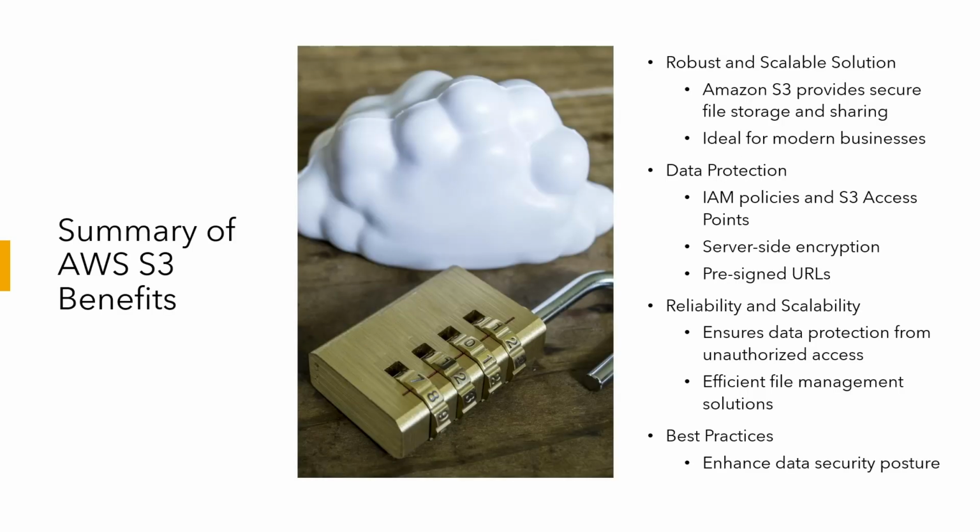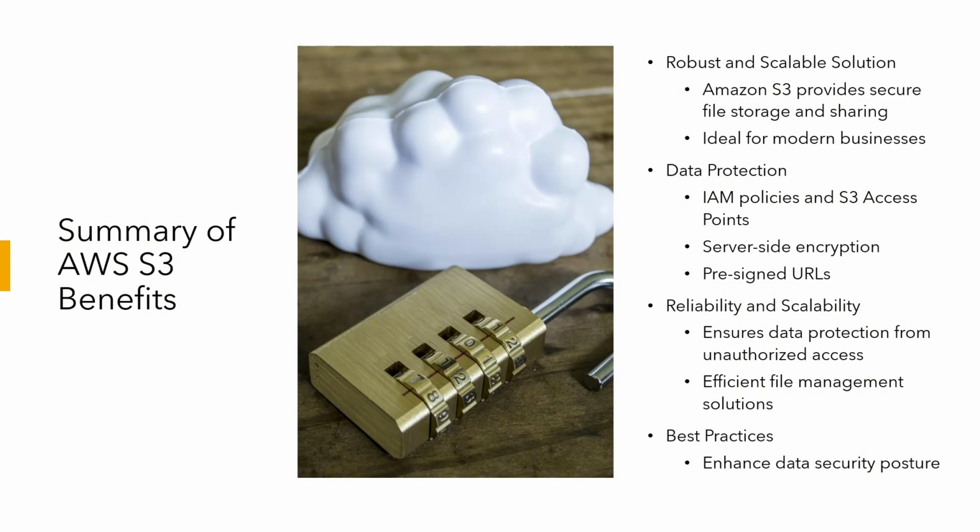So, summarizing, we can see that AWS gives us a robust and scalable solution for secure file storage and sharing through S3. And if we leverage all of the features of S3 on the security side, like IAM policies, S3 access points, server side encryption, and pre signed URLs, then we can ensure that our data is protected from unauthorized access and breaches.